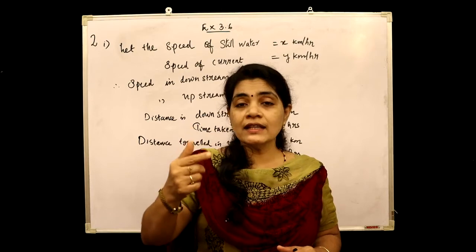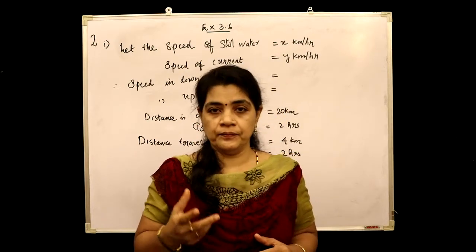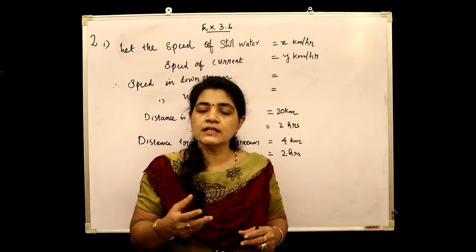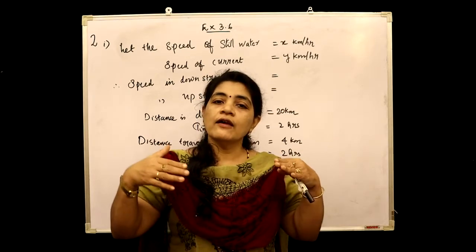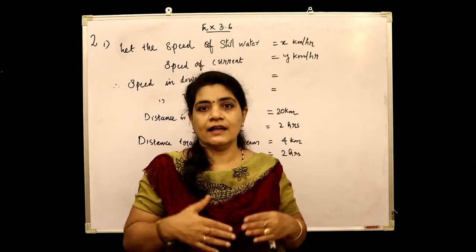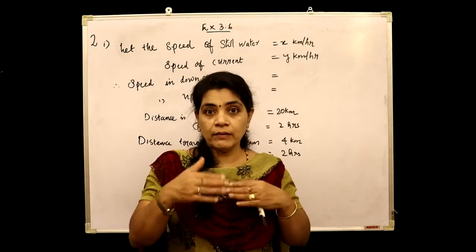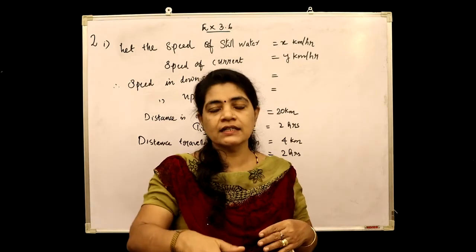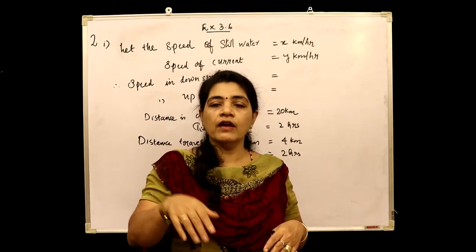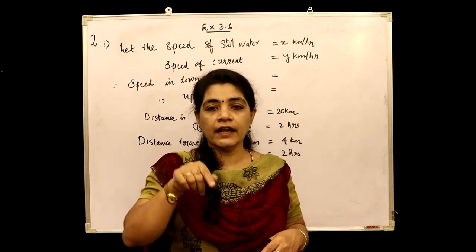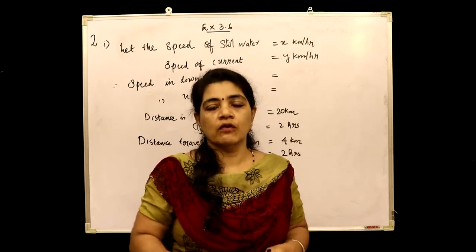So in order to get the speed in downstream, we have to add the speed in still water and the speed of the current. That will complement, because water has a tendency to flow down. So in downstream we add the flow of current to the speed in still water.